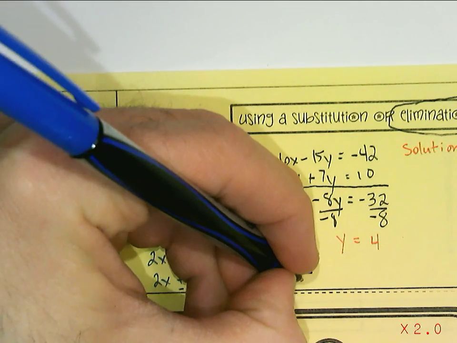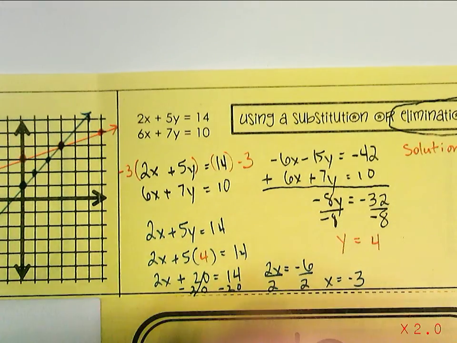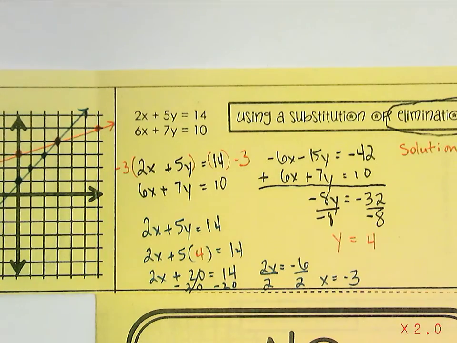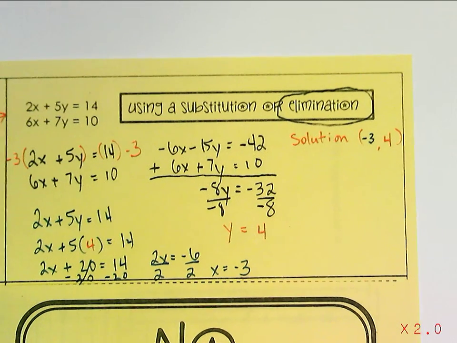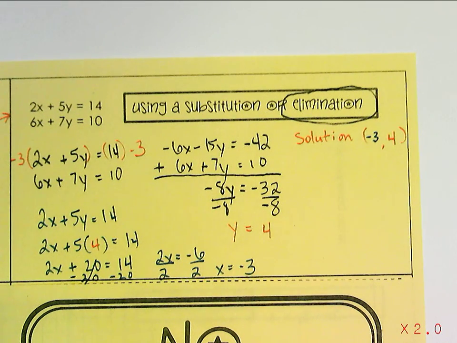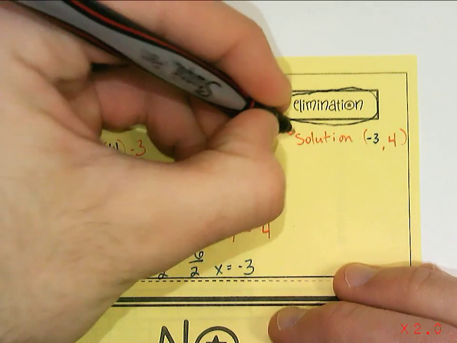Divide by 2, x is equal to negative 3. So my solution here is negative 3, 4. Oh, and that's kind of off the paper here. Sorry about that. Solution is negative 3, 4. And of course, if these do intersect, then they have one solution.